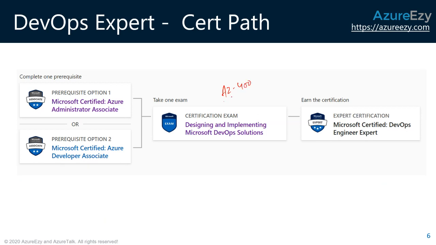But after AZ-400, you must already have cleared one of these exams, or you must clear one after that. This is AZ-104 and this is AZ-204. One is administration, one is developer. If you have covered either of them and combine it with AZ-400, that's when you get this certification badge, which is the DevOps Expert badge.